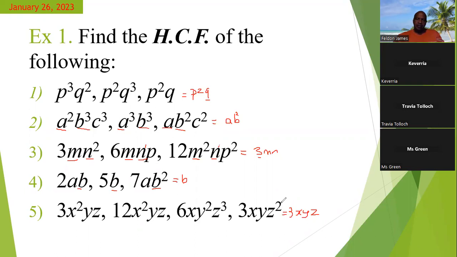All right, guys. So I think everybody is good so far. And I hope you have grasped the concept of finding HCF, and you have gotten an idea of how you factorize by HCF. We're going to stop here now for this class, but when we meet again, we're going to continue with factorization with the HCF method.